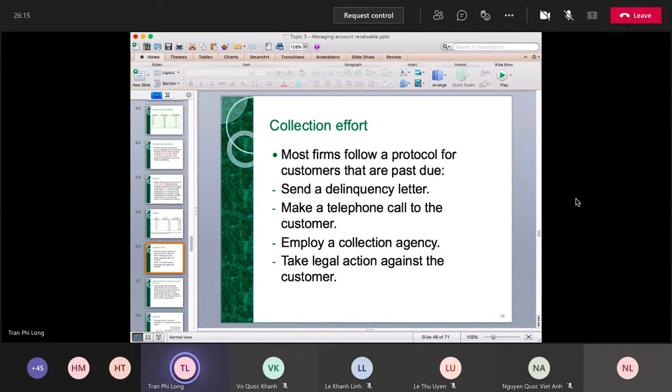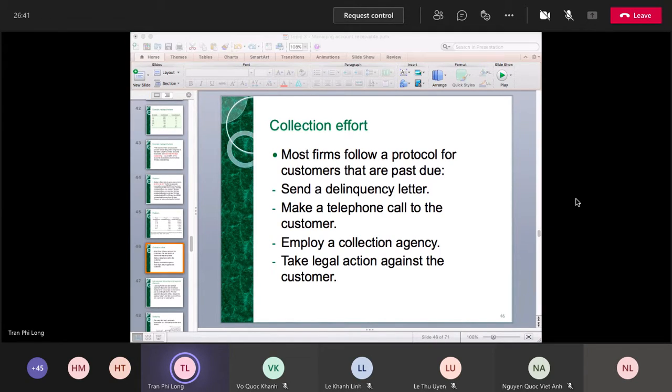And after sending the letter, and if you get no reply, you will make a phone call to the customer. And in the next step, you may ask a collection agency to help you to collect the account receivable. And in the final step, you may have to take the legal action. You have to bring the customer to the court, okay?